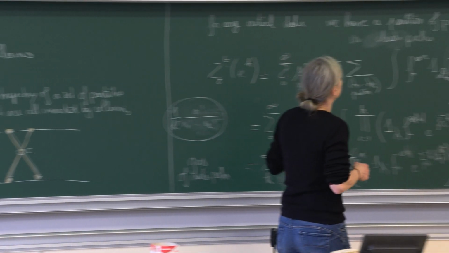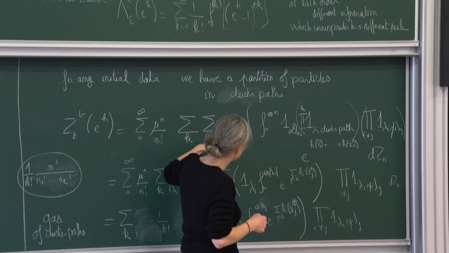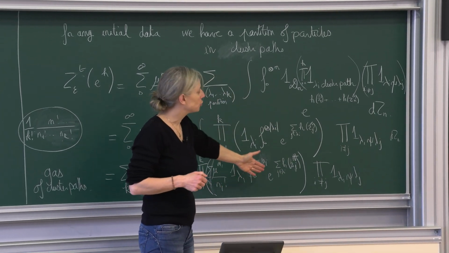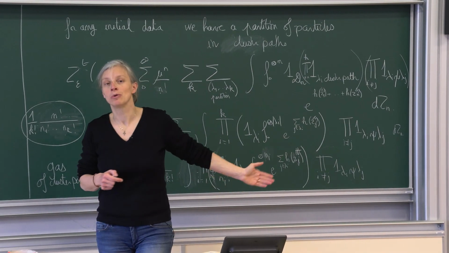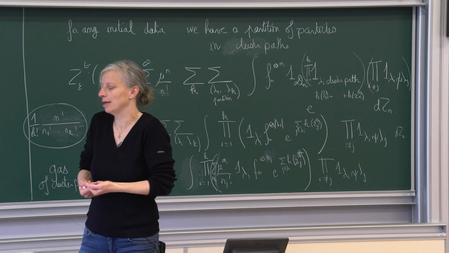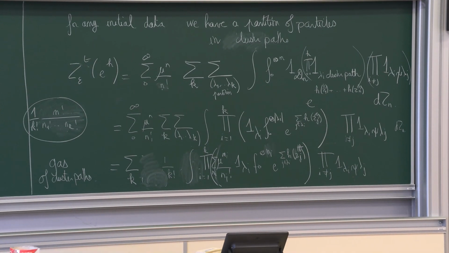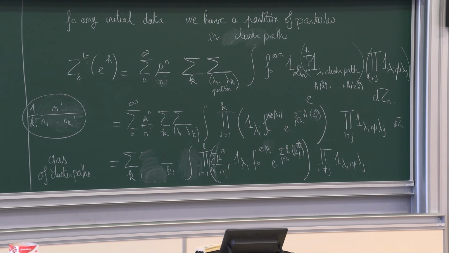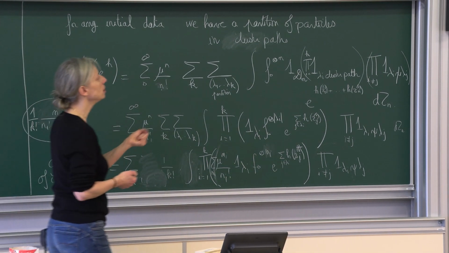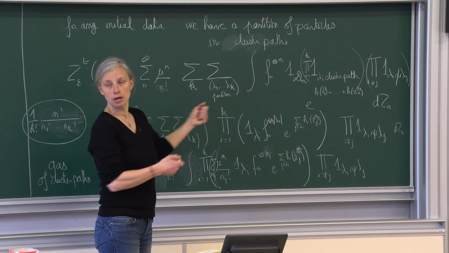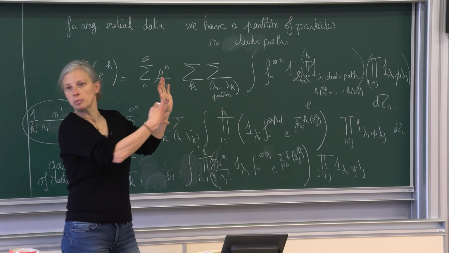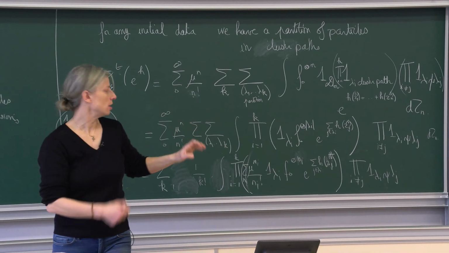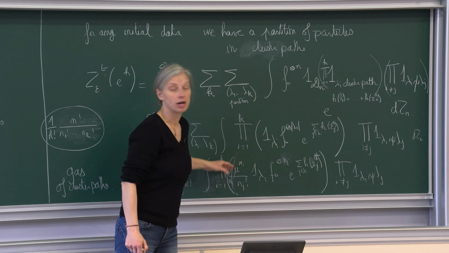Then I simplify, or say I try to factorize as much as possible. This is really the point. You would be very happy if everything was chaotic and you could factorize everything. So you try to factorize. The first obstacle to factorization is the presence of these collisions. And so you say, okay, now I just group particles according to collisions, and then I have something which is almost factorized.